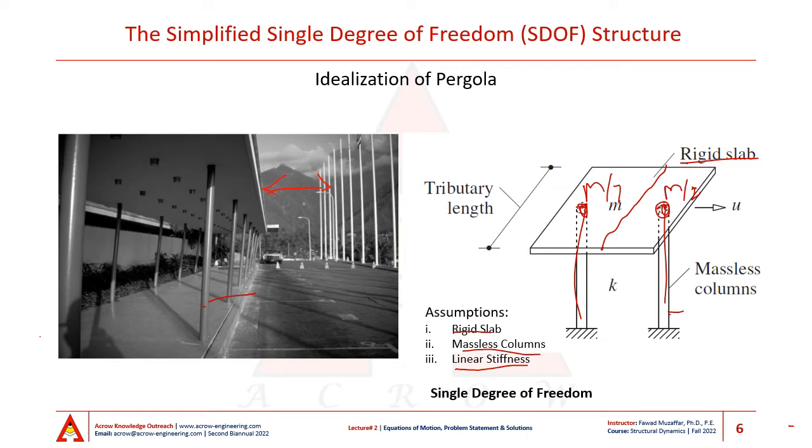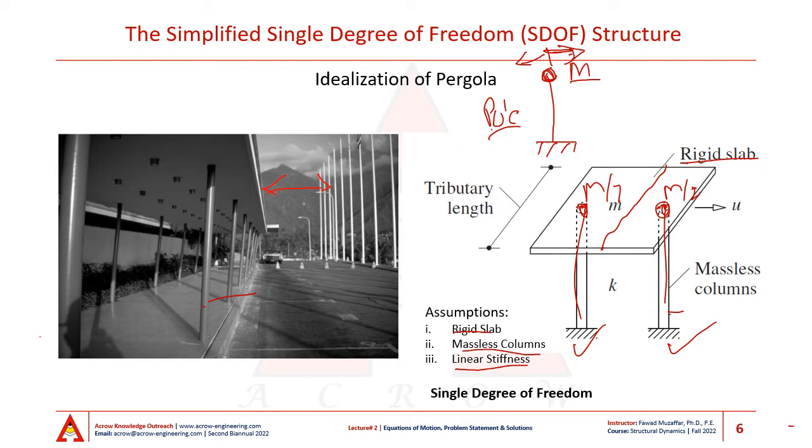Now, each one of these columns, this column and that column, can be idealized as a single degree of freedom system consisting of a pole that has a mass m at the top, and the mass can only move in the lateral direction because the pole is also assumed to be axially stiff.